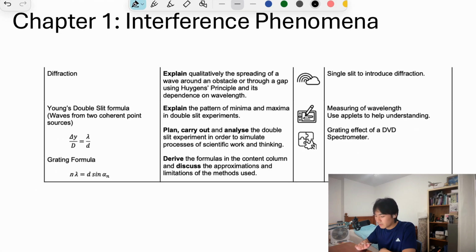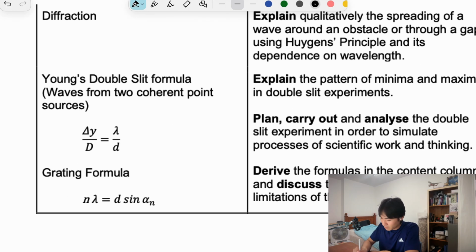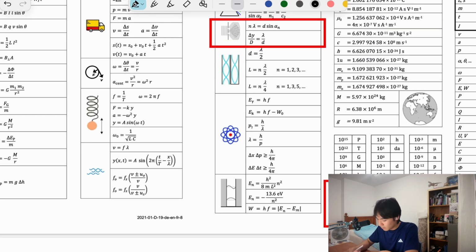So as you can see, this is from the official documentation that you can search up. If you search European Baccalaureate S7 syllabus, you're going to get a really long PDF, and from the PDF I screenshotted this, and this is what we're going to cover today about the interference phenomena. As you can see, it's one of the two formulas that is covered up here.